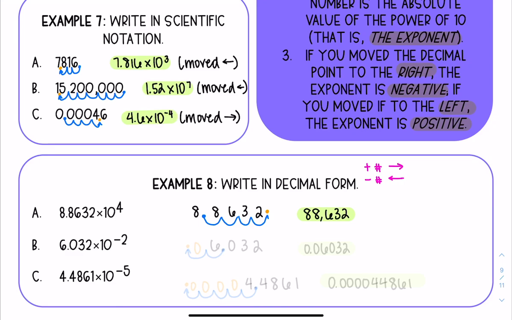We've got 6.032 times 10 to the negative 2. So we want to move it 2 spots to the left. 1 and 2. If we have any empty little circles, half circles here, we just filled it with a 0. And so in decimal form, this becomes 0.06032.